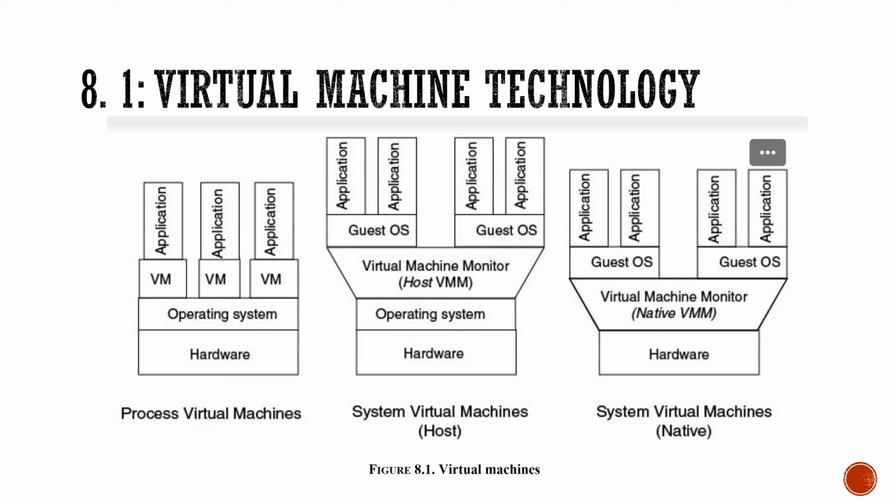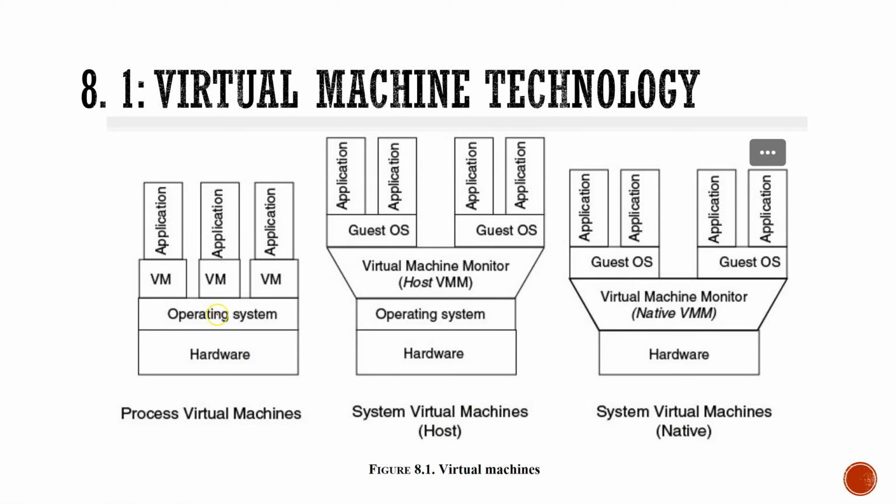Here's an example of three different types of virtual machine technologies. The first one talks about process virtual machines. Then we have system virtual machines, host system virtual machines, and native virtual machines.